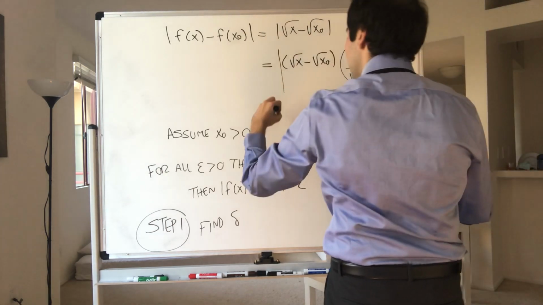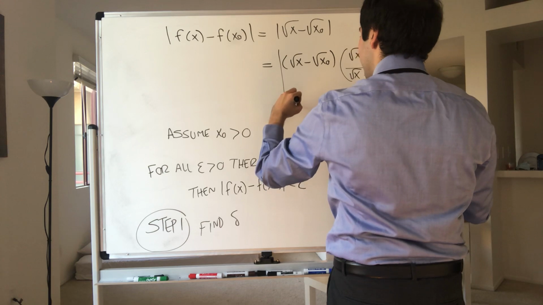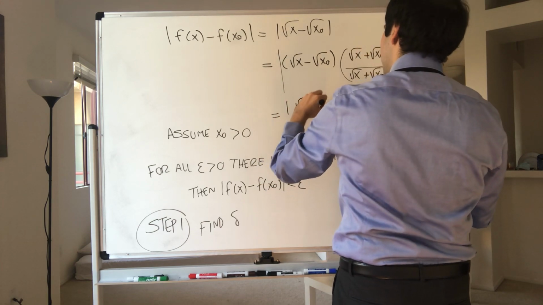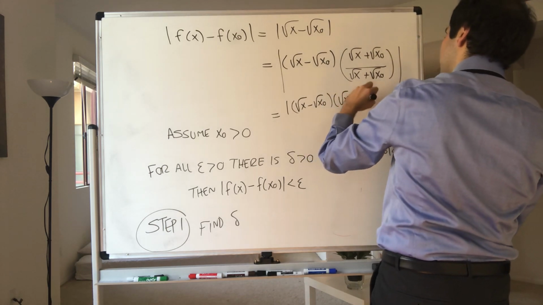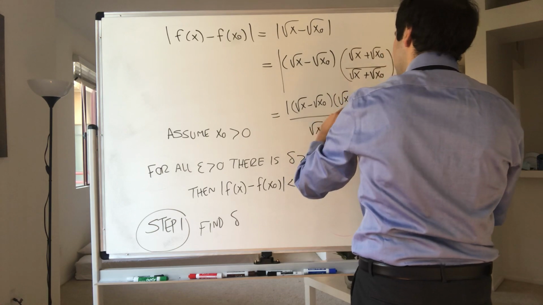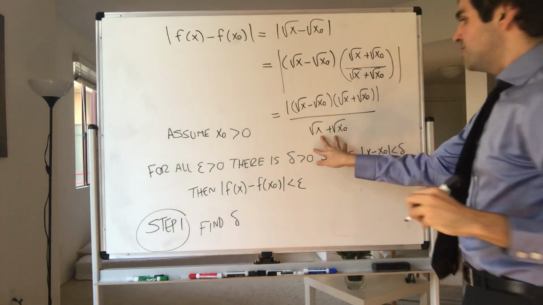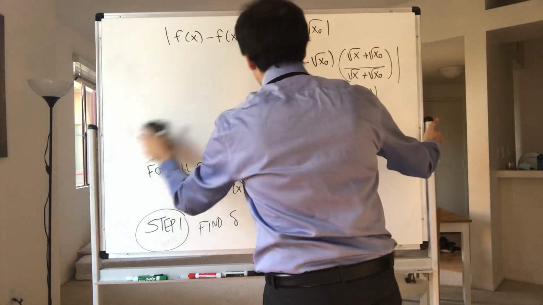In the numerator you can put together square root of x minus square root of x naught times square root of x plus square root of x naught, and the denominator is square root of x plus square root of x naught. But notice this is positive, so no need to put absolute values.